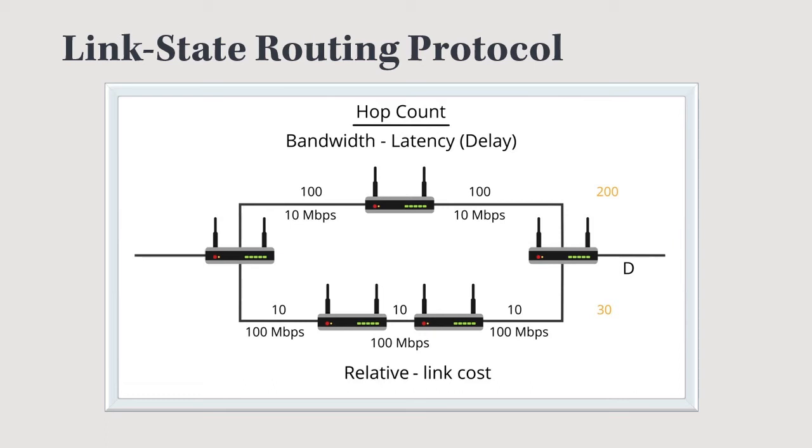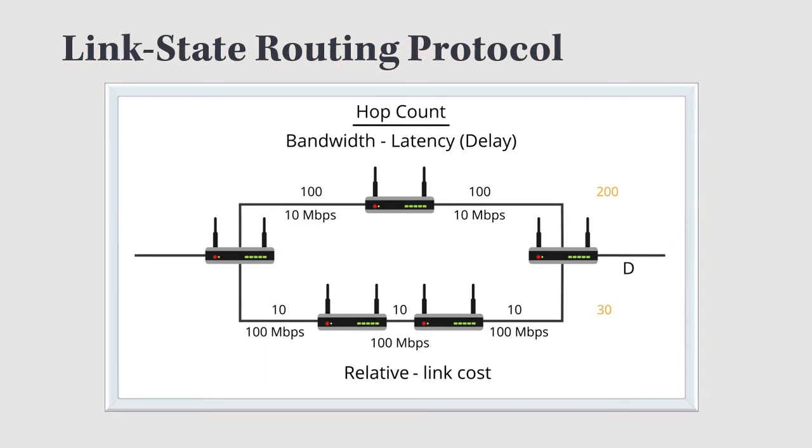So if we're using a link state routing protocol, even though there are fewer hops across that top one, the metric for that path would be 200, whereas the metric for the bottom path would be 30, because it would be 3 or 4 hops, but 3 links, each one of them at 10. The metric is 10 for each of them, so 30 altogether.